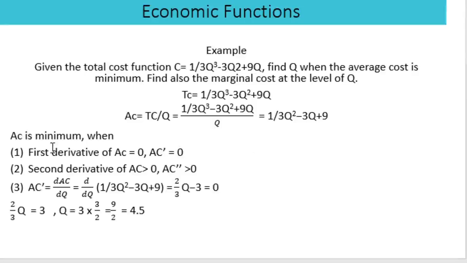Second part is to find the minimum of average cost. Therefore, we need to take the first order condition equated to 0, derive the second order condition and see whether it is greater than 0 or not. The first order condition is to take the differential of this function, that is d by dq of 1 by 3 q square minus 3q plus 9.